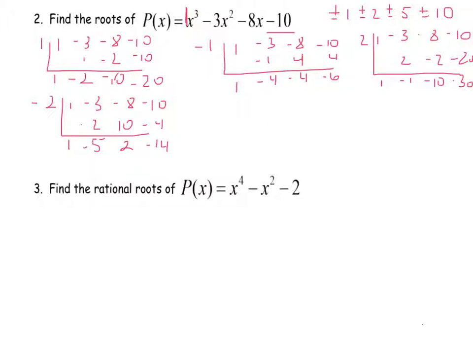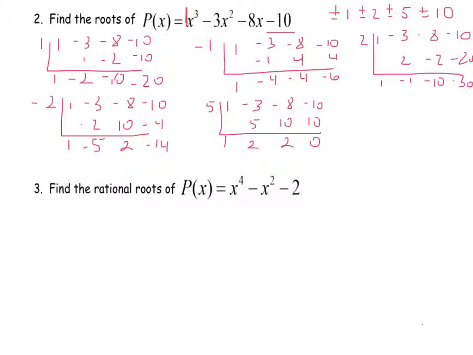So then go for 5: 1, negative 3, negative 8, negative 10, 1, 5, 2, 10, and 2, 10, 0. So I just found my 0 being 5.